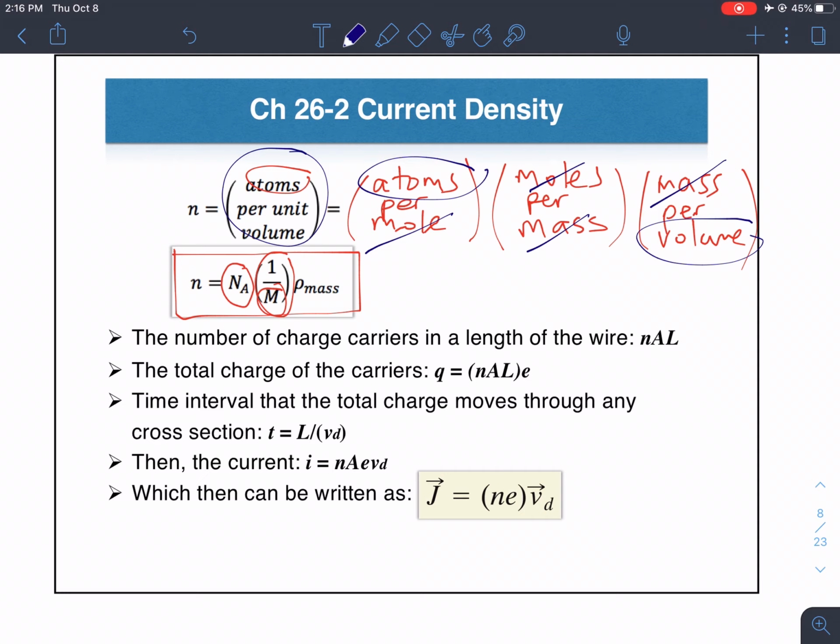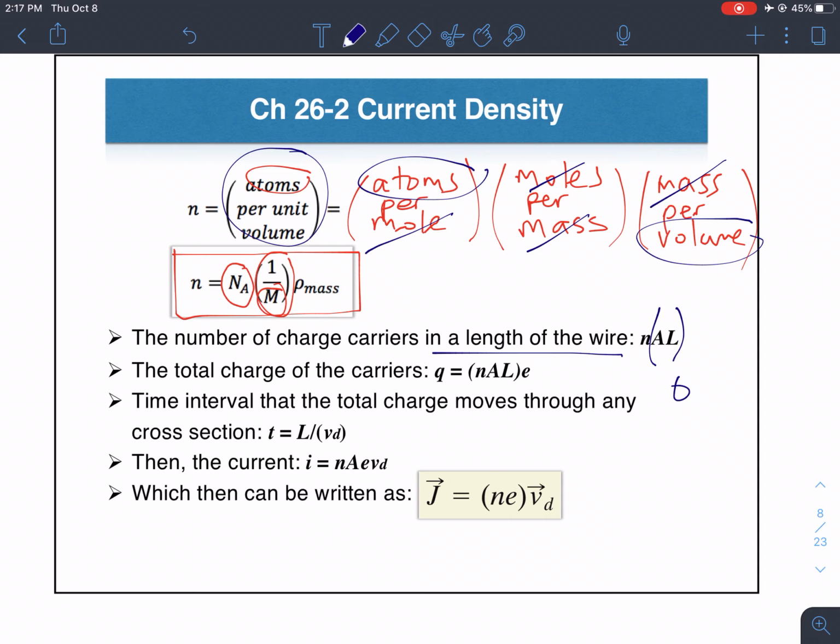Okay, so this little n is defined as atoms per unit volume, and in a length of wire, since little n is atoms per volume, to get the number, you need to multiply by the volume. So you have atoms per volume, which is n, and A times L is the volume.